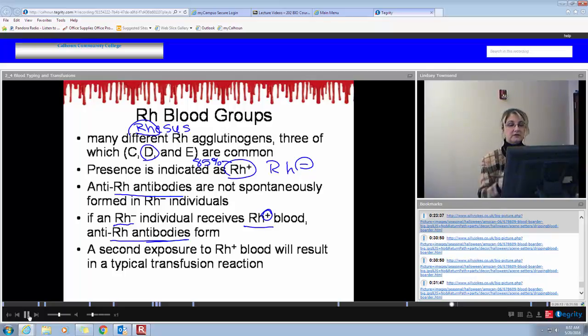But it takes some time for those Rh antibodies to form. So the first exposure typically has no effect. But now let's say that this happens again, and this Rh negative person receives Rh positive blood. Then you have the typical transfusion reaction as you saw earlier.